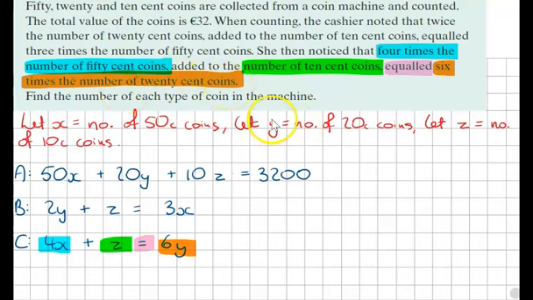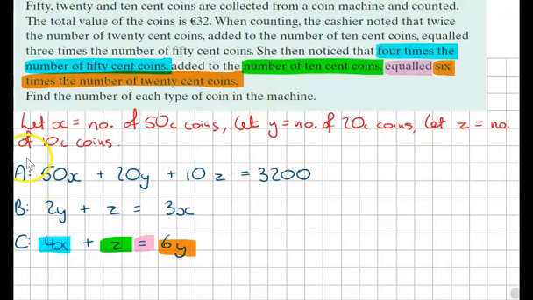And 20-cent coins are y, so that's why it's equal to 6y. So we have 4x plus z is equal to 6y. The 4x represents 4 times the number of 50-cent coins, the plus is from the added part, the z is the number of 10-cent coins, then we've equals, and the 6y is 6 times the number of 20-cent coins.